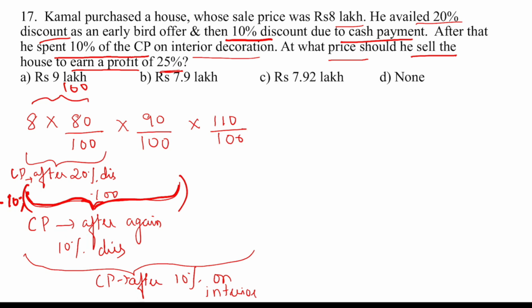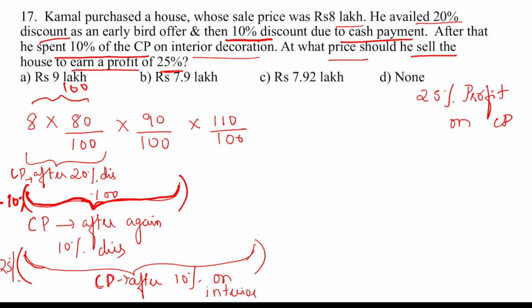Then if he has to make 25% profit, 25% profit on what? Profit is always on cost price, isn't it? 25% profit on cost price. So if this whole thing is our cost price, then 25% of this will be profit.